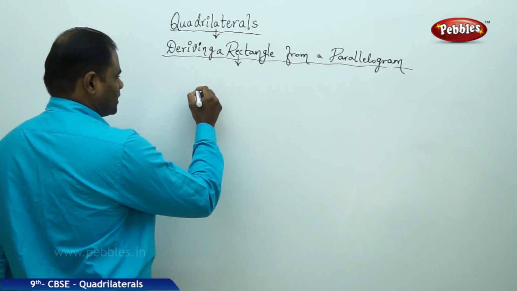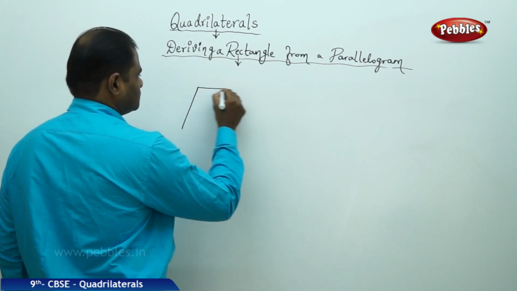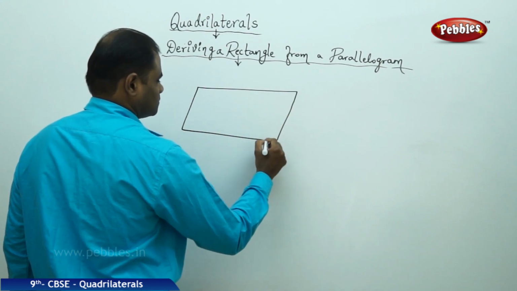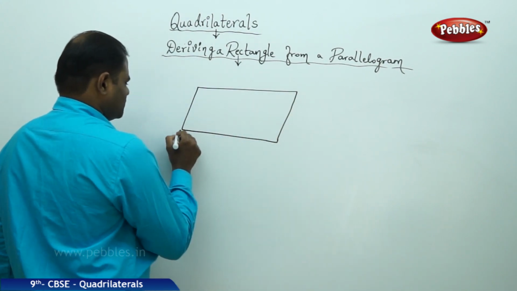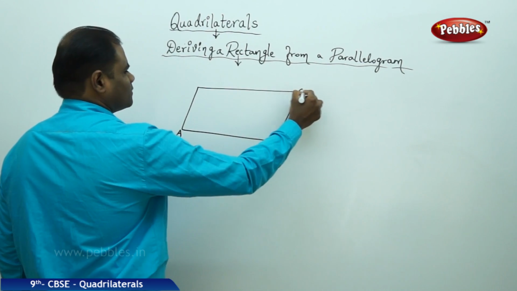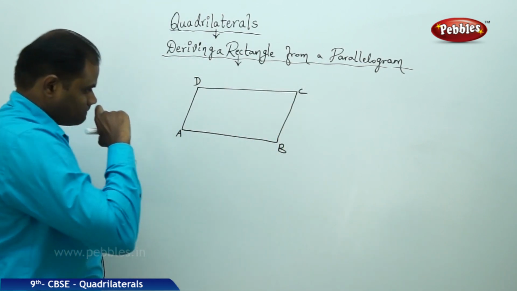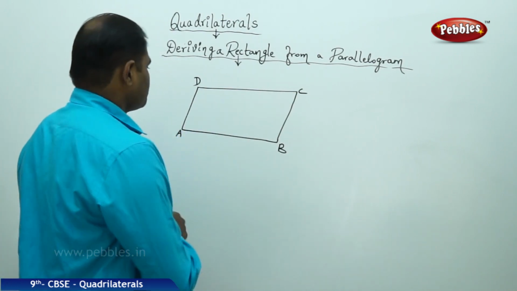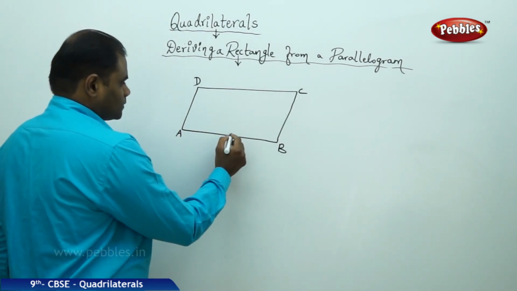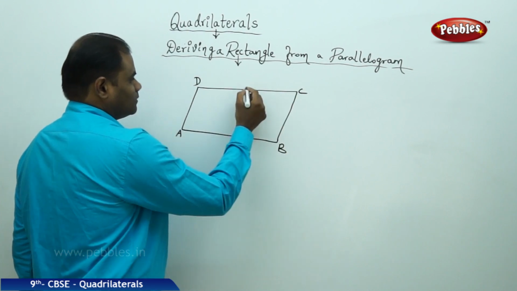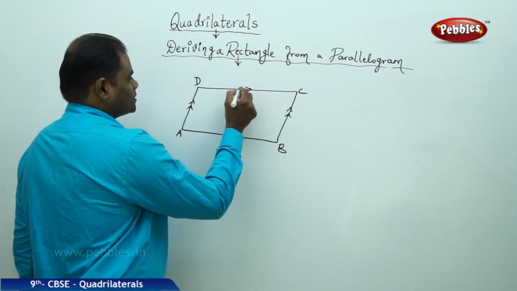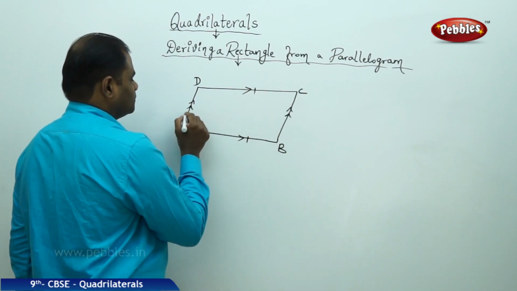So here is the parallelogram ABCD. Of course, the pairs of sides are parallel and equal. Now the two sides are parallel and opposite sides are equal.